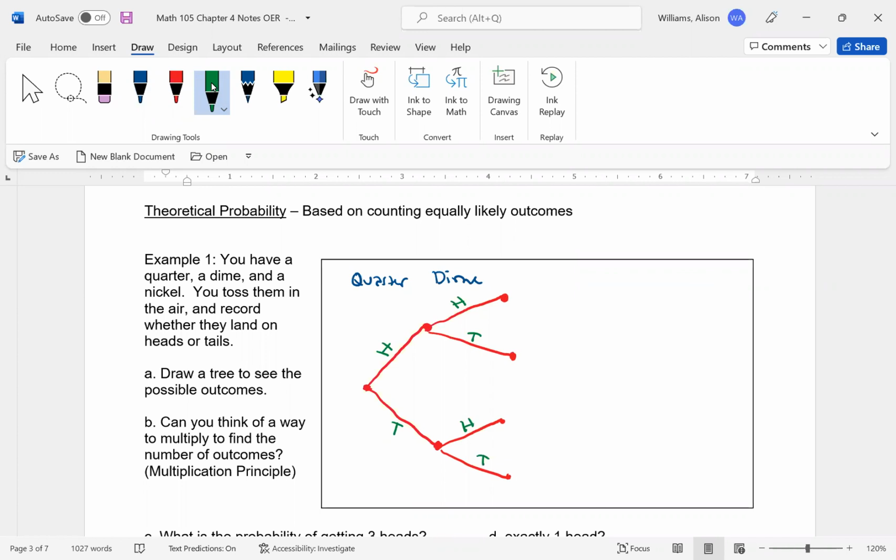Okay, now I will repeat for nickels. So I could get heads or tails, or heads or tails, or heads or tails, or heads or tails.